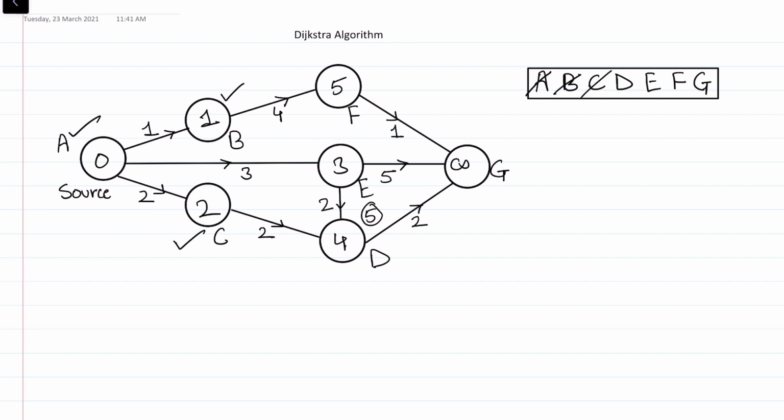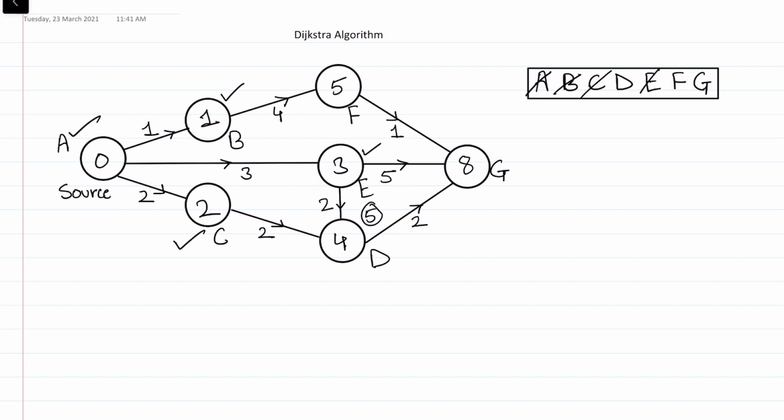Now we can see that this distance is greater than 4, so we do not relax this edge and we continue with our next node, which is G. Now the distance becomes 3 plus 5, which is 8, which is less than infinity, so we relax this edge and make the distance 8, and we can now remove E from the first set since we have relaxed all the edges from E.